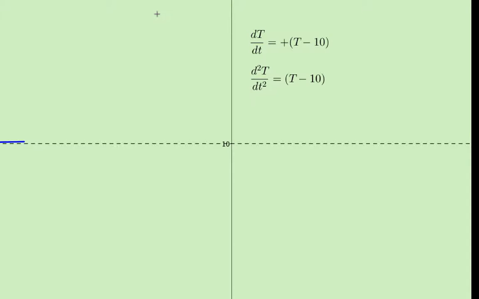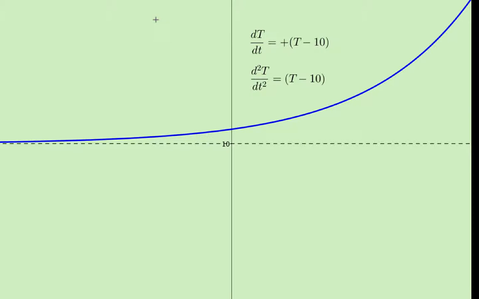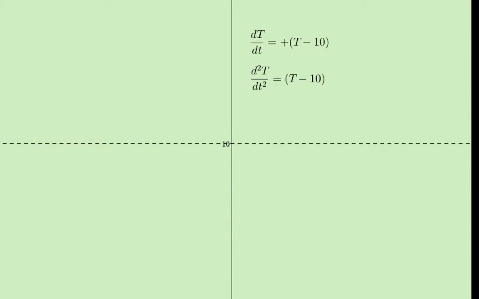You can see now that if you start even a little above the equilibrium temperature, that temperature is going to go increasing and increasing until it finally reaches positive infinity. On the other hand, if we start even a little below the equilibrium temperature, it is going to get colder and colder until it goes to minus infinity. Infinity in the other direction.